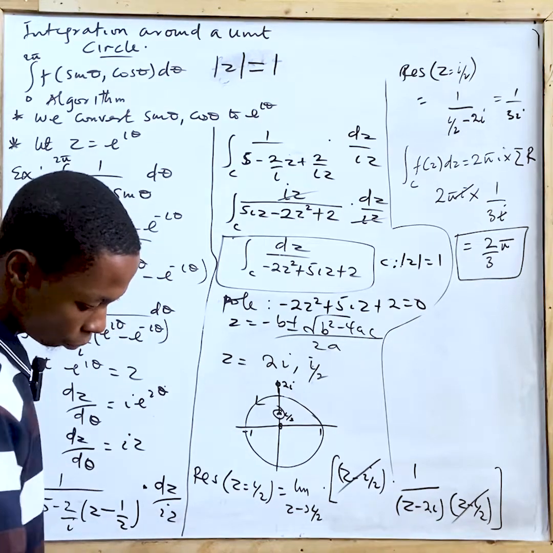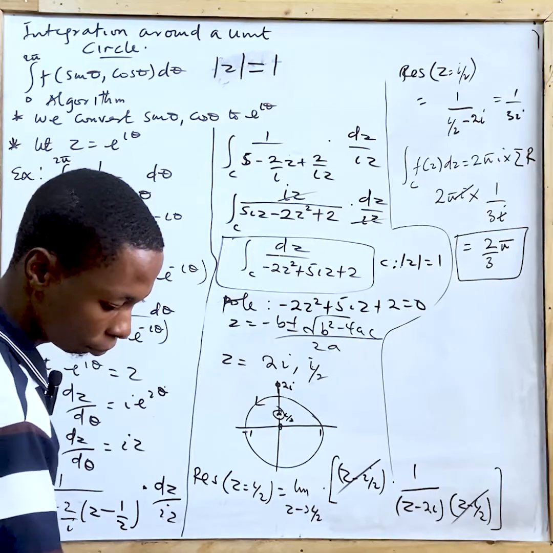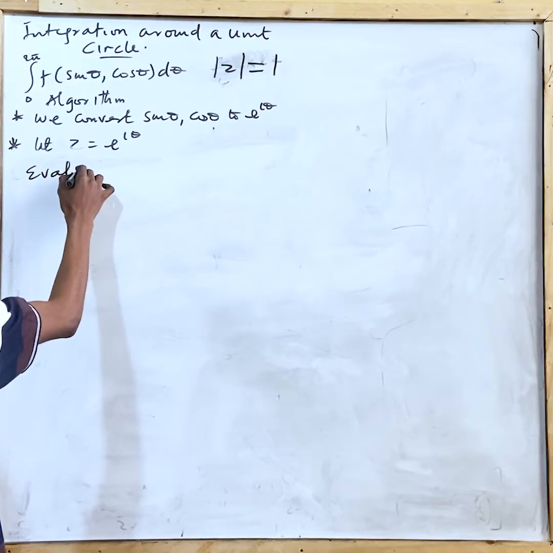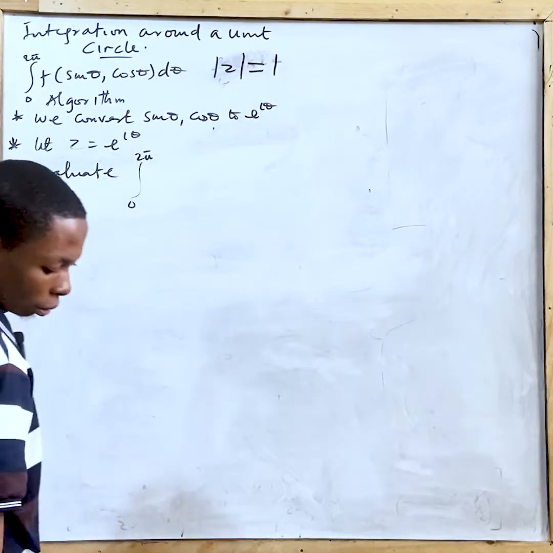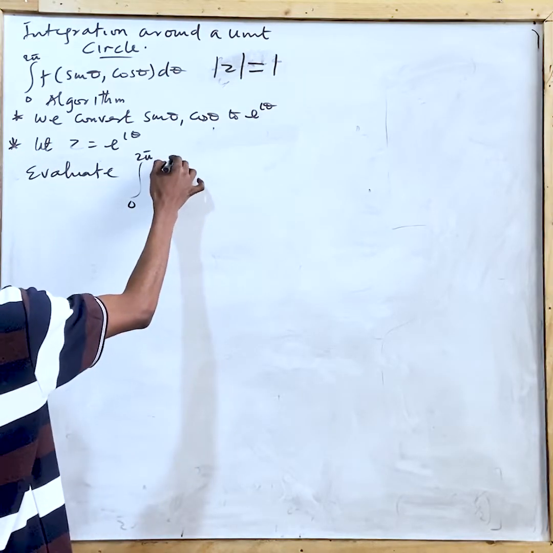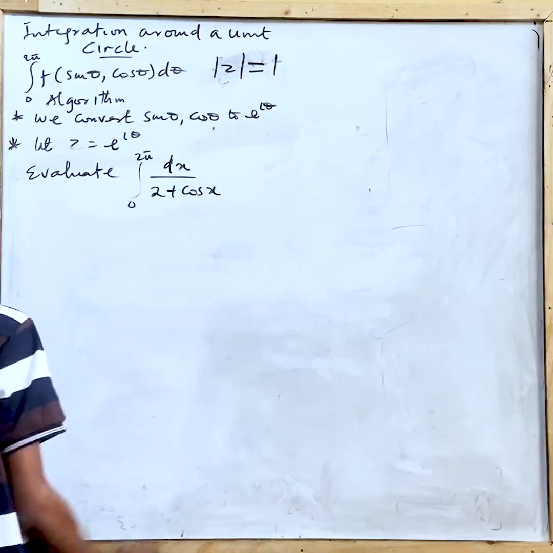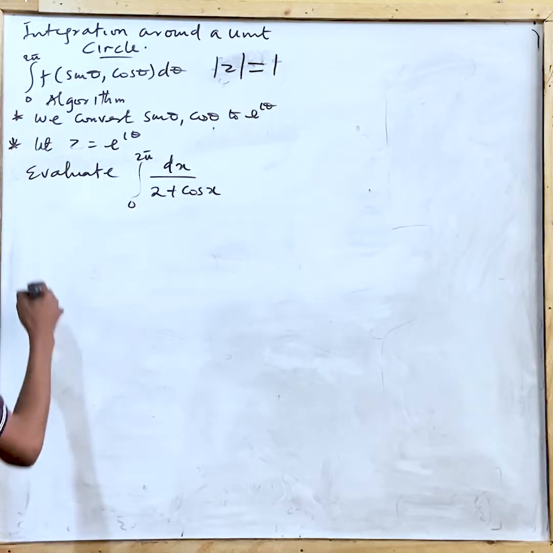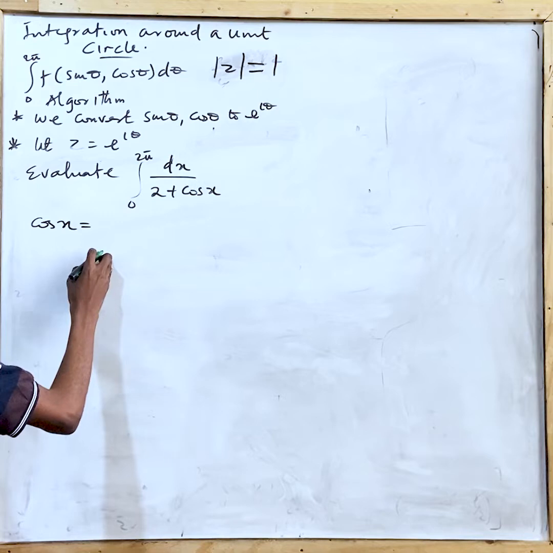So the last example, now let's evaluate the integral from 0 to 2 pi of dx over 2 plus cos x using the residue theorem. So we start by transforming this cos x. We say that cos x is equal to what?